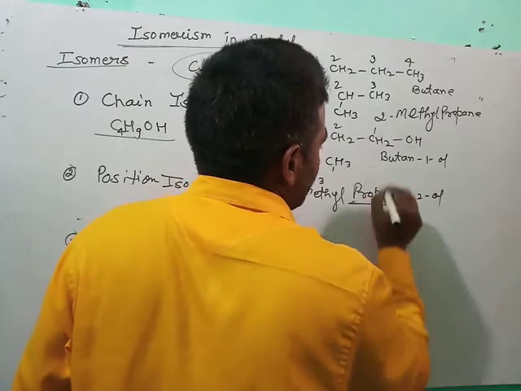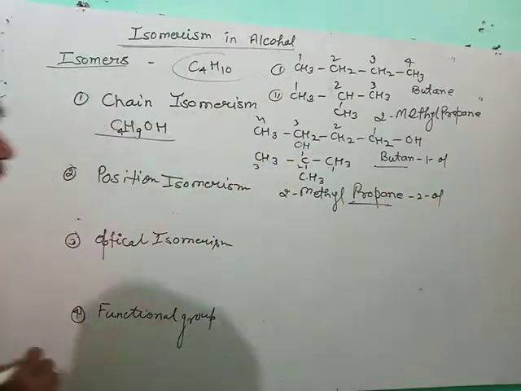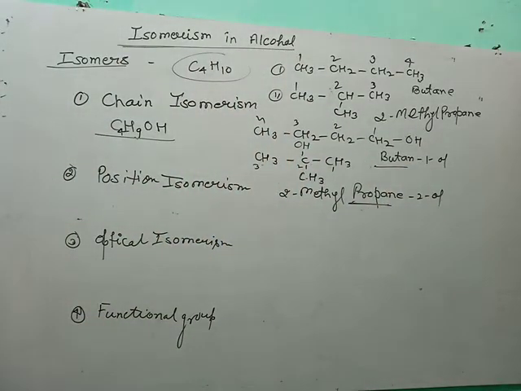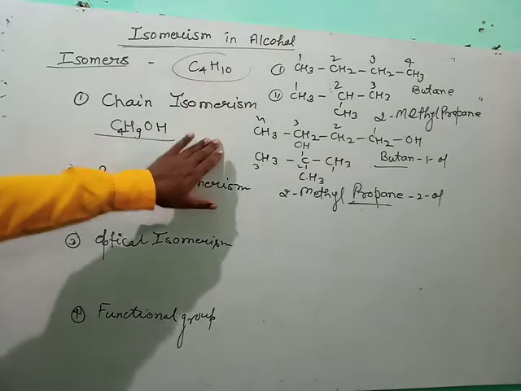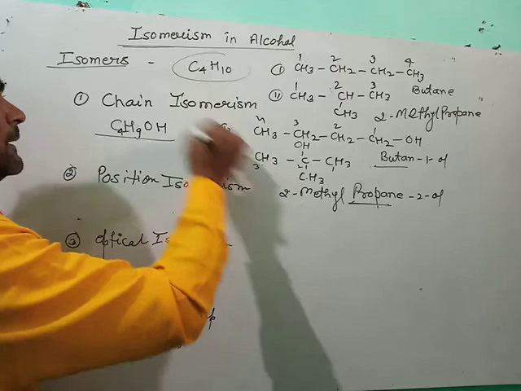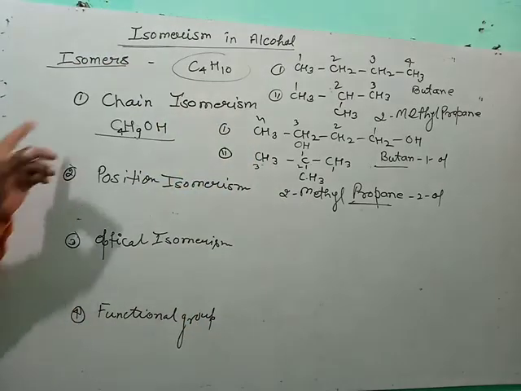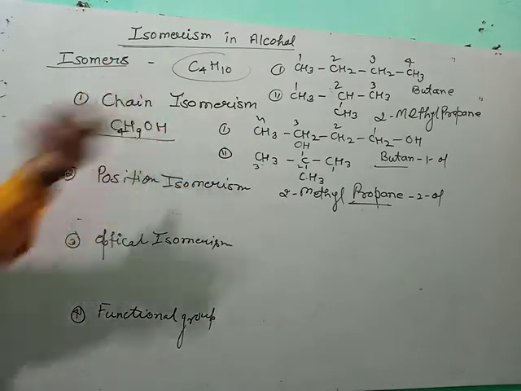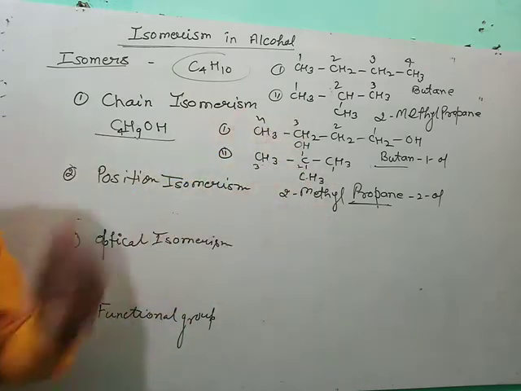This is the propane and this is the butane. Butane 1-ol and propane 2-ol. So in these examples, the elongation of chain or length of principal chain is changed. So it is called chain isomer, and this is an example of chain isomer.